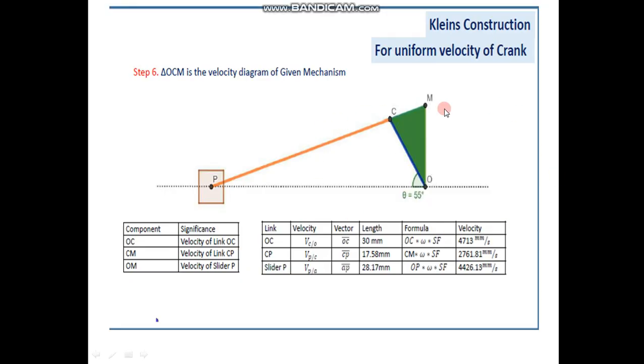Our graphical approach is now completed. We'll just see how to get answers: what the lines OC, CM and OM represent. The next part is just for explanation; it is not part of the Klein construction. Up to here we completed the graphical method of the velocity polygon, and now we just want to get answers. I'm explaining how to get the answer with the next two slides.